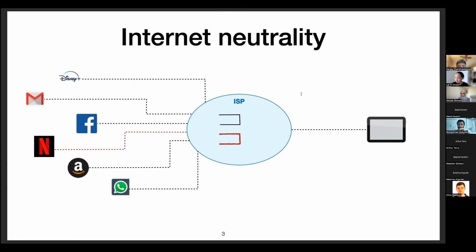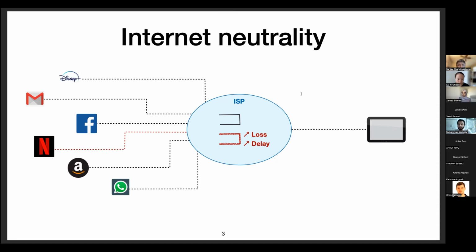Now, that resource is configured to either favor or discriminate against the traffic that is coming from Netflix. And the result of that is that Netflix traffic experiences higher loss and/or delay. These actions are referred to as traffic throttling.